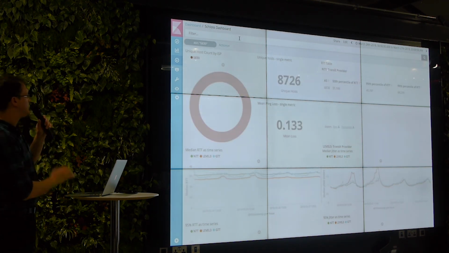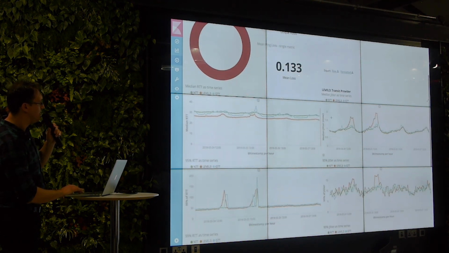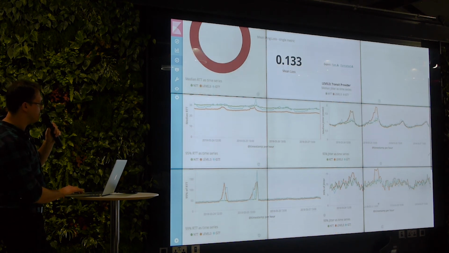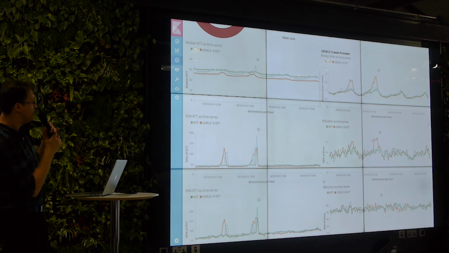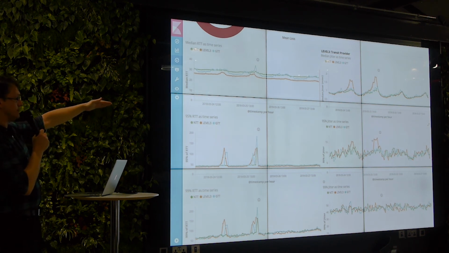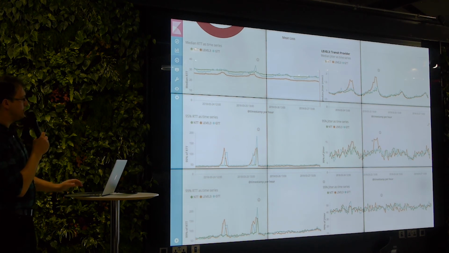So this is Telefonica Germany, and here you see, for example, Level 3 around the median. If you look at the median, jitter has a larger peak, but you might want to look at the 95th percentile, which gives you more information about the 5% of subscribers experiencing worse than this jitter. So still, Level 3 has some problems.